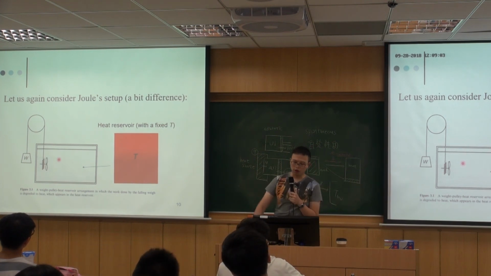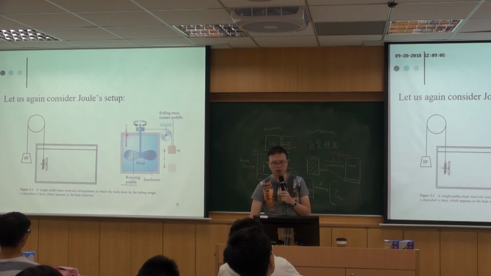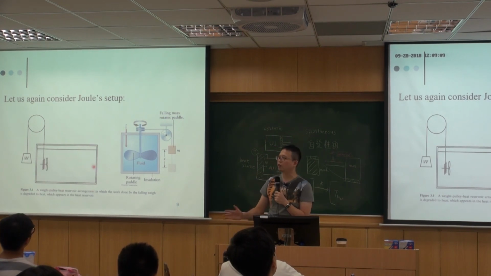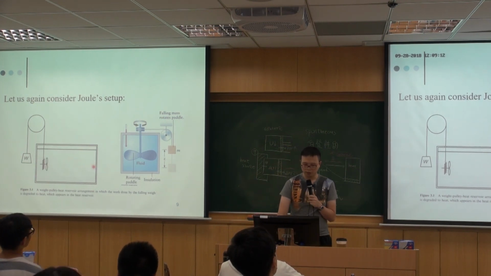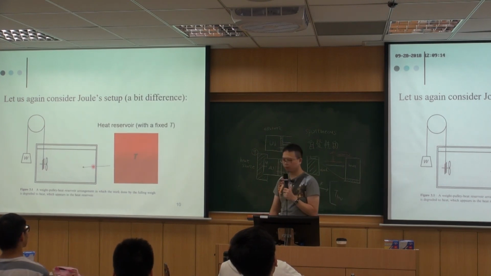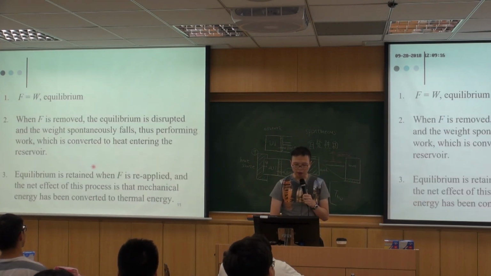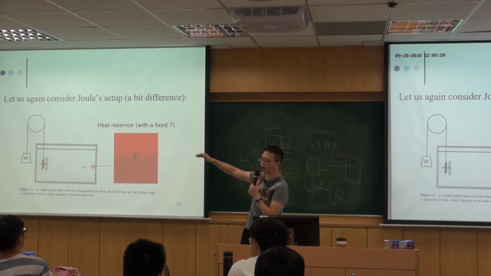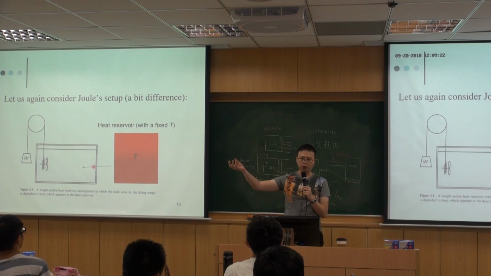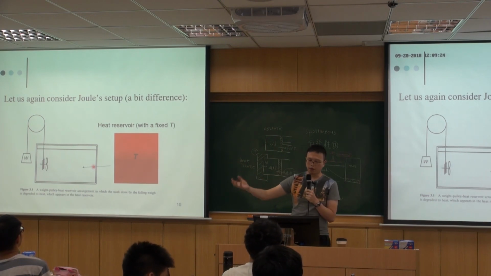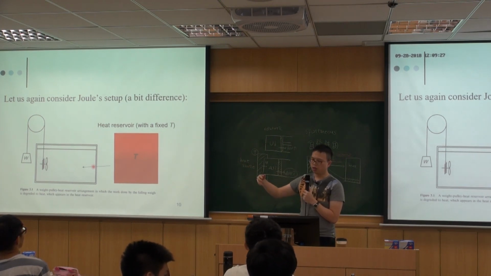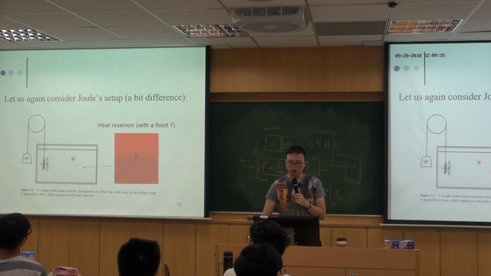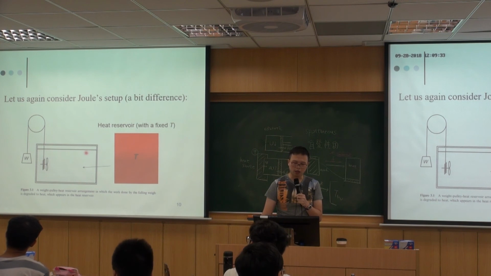So you'll see that there's no thermometer plugged into this container because we're not interested in the temperature change. This is just a heat reservoir. Okay? But we can still do the same thing. We can change the location of the weight, and once we release it, we can convert mechanical energy into heat, and the heat will flow into this constant temperature heat reservoir.